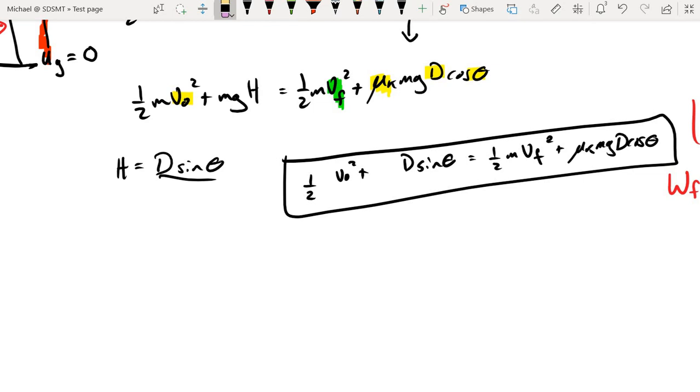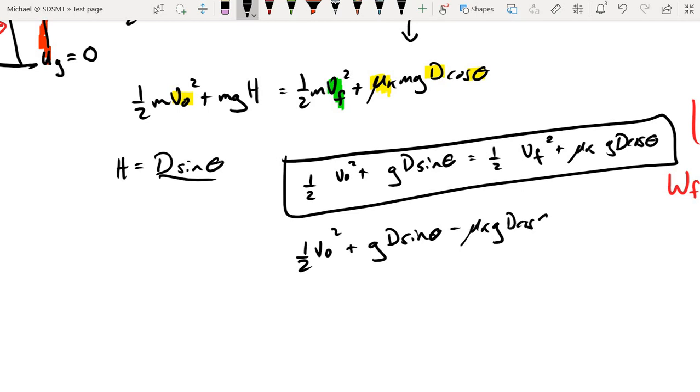Don't want my G to cancel out. We're solving for V final. So let's see, we want to get everything else over to the other side. So I will subtract mu k g d cosine theta. We need to multiply both sides by 2.